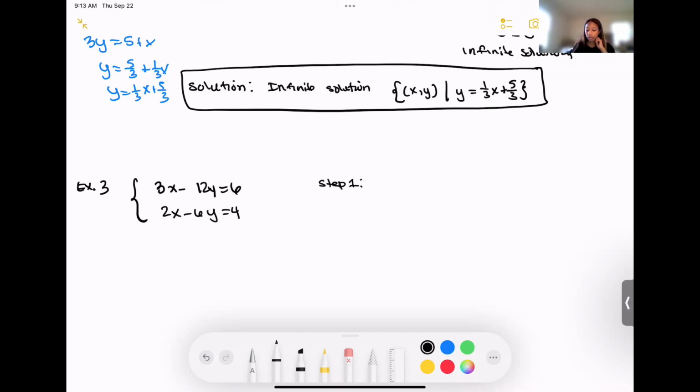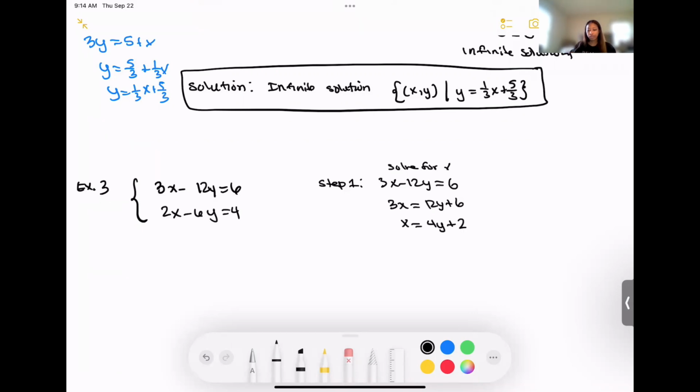They're both equally difficult. So for instance, in the first equation, 3x minus 12y equals 6, we're going to solve for x. Then 3x equals 12y plus 6. Dividing everything by 3, we get x equals 4y plus 2.